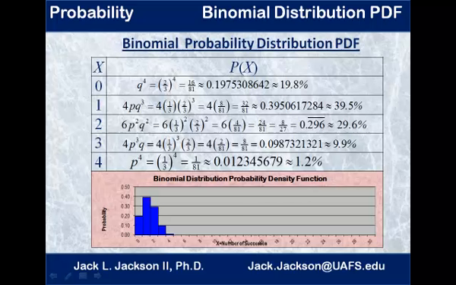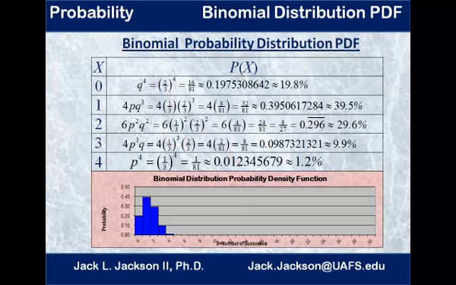Okay, on the next page we see this. The probability that x equals 0 is q to the 4th, which is 2/3 to the 4th. That's 16 over 81. In fact, all the denominators are going to be 81 for these. Think about it. They're all just some combinations of p's and q's multiplied together. There are going to be 4 of those p's and q's in some combination, but all the p's and q's are either 1/3 or 2/3.